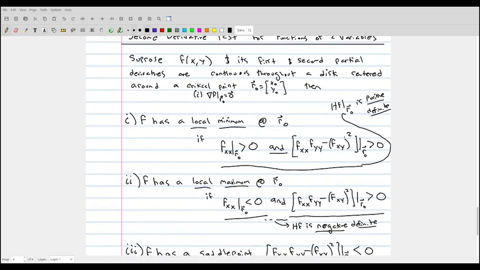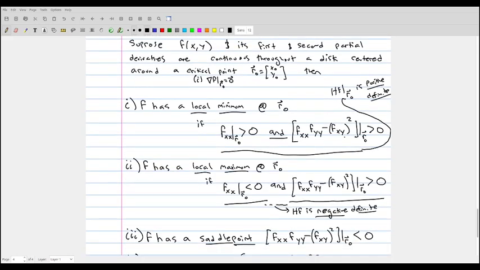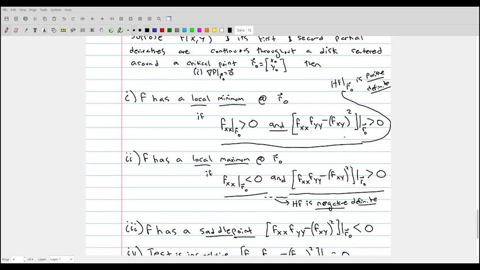It's important to emphasize that you can also come up with a second derivative test for a function of more than two variables. This works for any number of variables, but it's sometimes much more difficult to deal with for higher variable functions. The more variables you have, the more conditions you're going to have, because it's harder to determine whether the Hessian matrix is positive or negative definite at a given point.